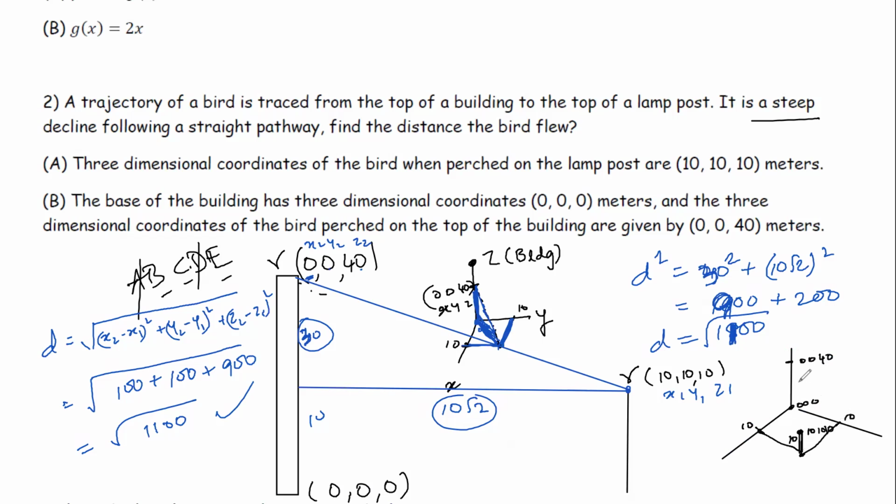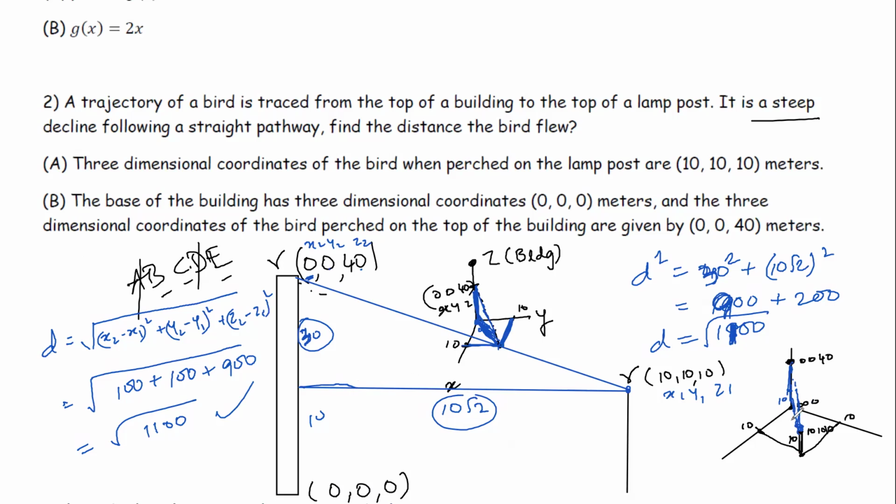This height is 10. So when this bird flew from here, I'll use a different color now, this bird flew from here till the top of the lamppost. It is at a height of 10. So this is at a height of 40. So therefore, till here is 10. And then this portion which I've drawn is this portion out here.